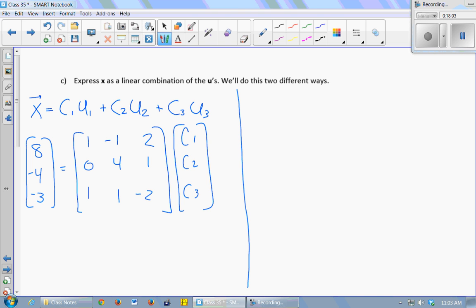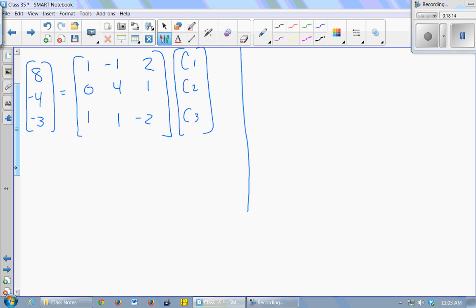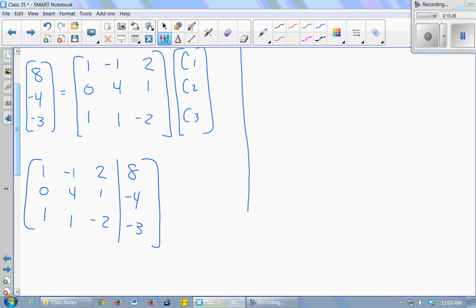And then how would I solve that for the unknown weights? Row reduce. I'm going to take that U matrix, augment with the 8, -4, -3, and row reduce. I'm not going to finish it. You guys know how to do that.